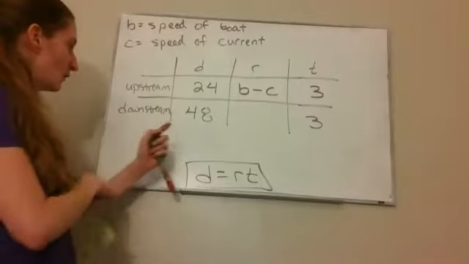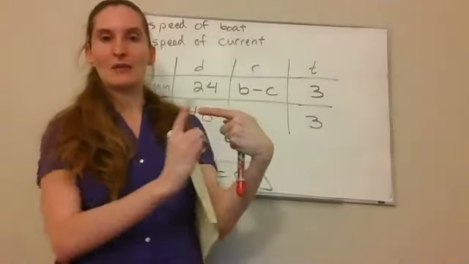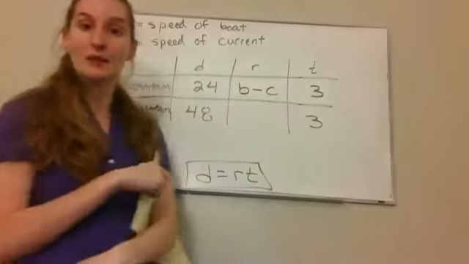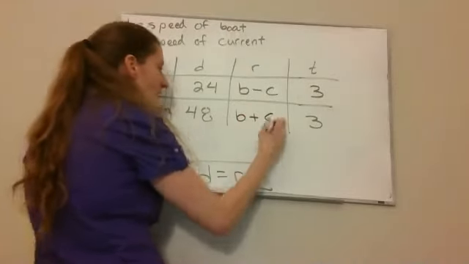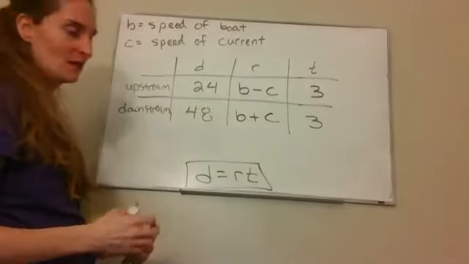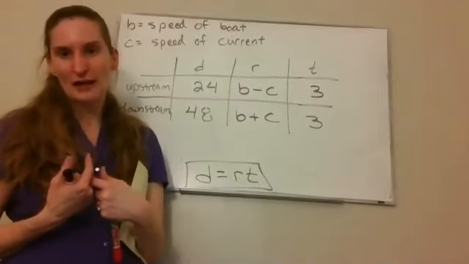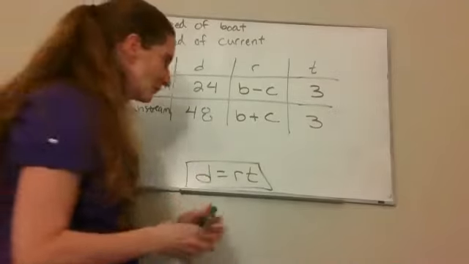Now, going downstream, my current is going this way. That means my boat is also going this way. So their speeds are going in the same direction, and so together, the speed is B plus C. So if they're going in opposite directions, you have to subtract the two speeds. And if they're going in the same direction, you add the two.